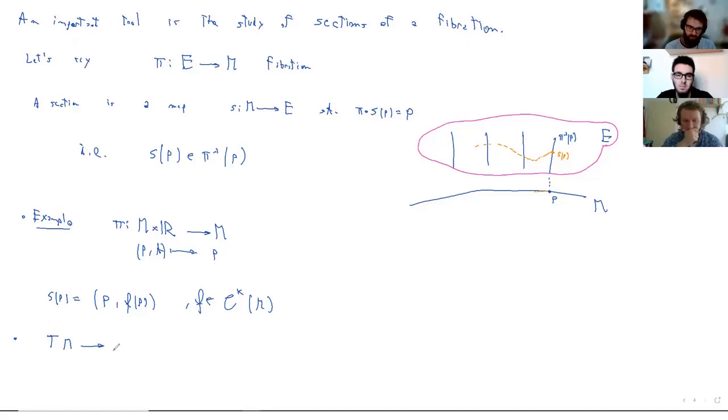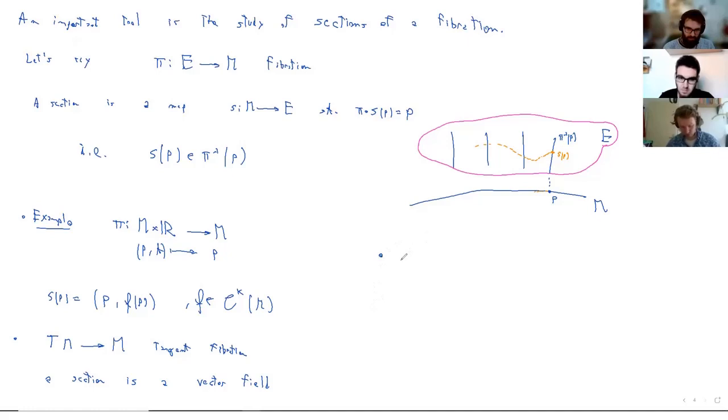If you look at the tangent bundle, then a section is what is called a vector field. Have you heard the term vector field before? Over every point, you choose a tangent vector. This is a vector field, and it's nothing but a section.